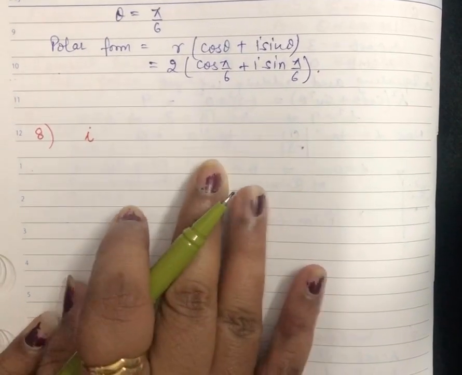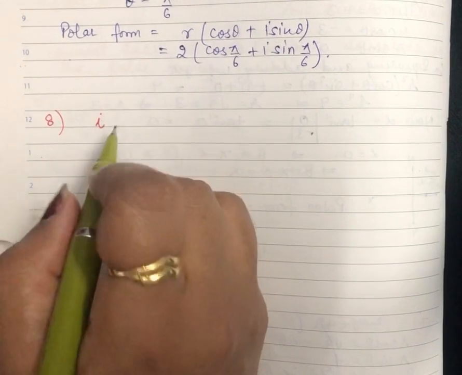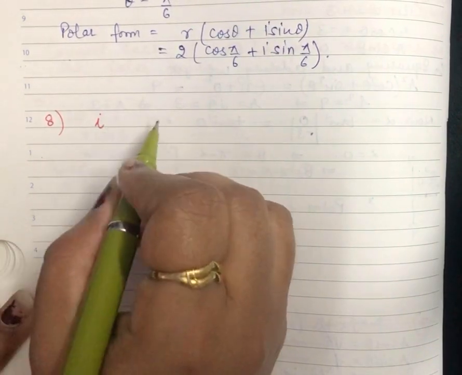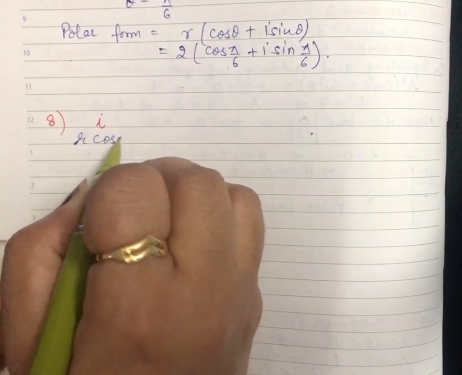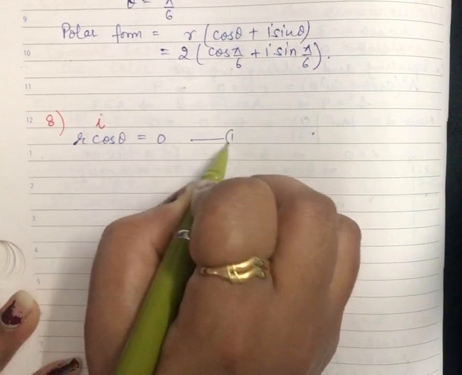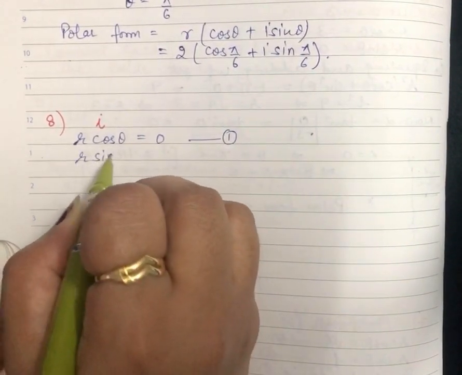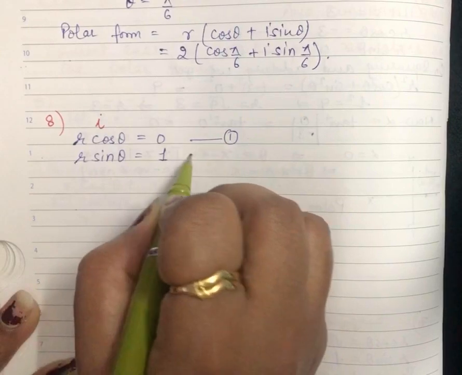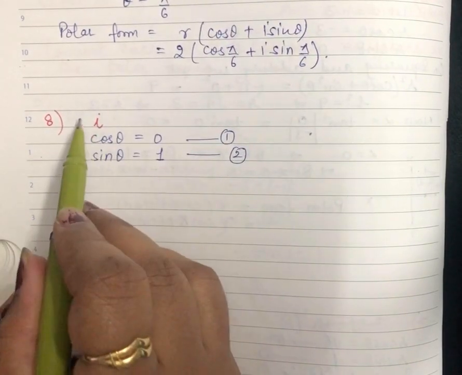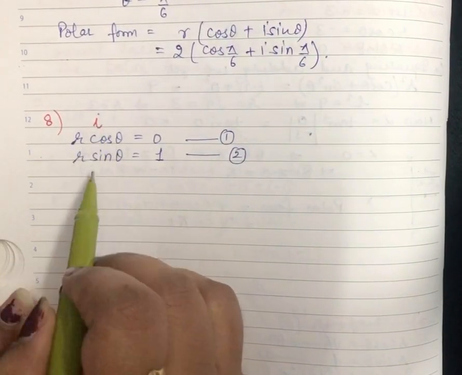Now look at the 8th one. Here it is purely an imaginary number. So r cos theta here is 0 and r sin theta is 1, because the real part is 0 and the imaginary part is 1.